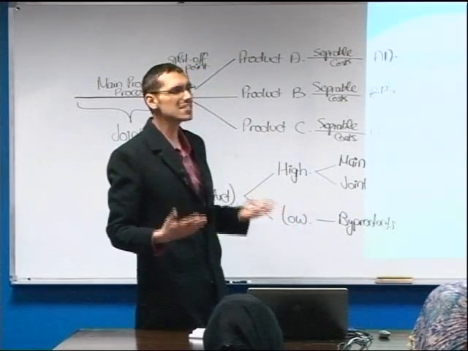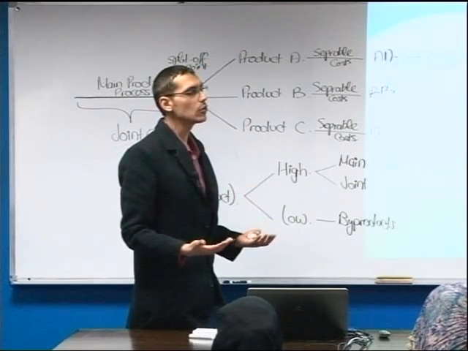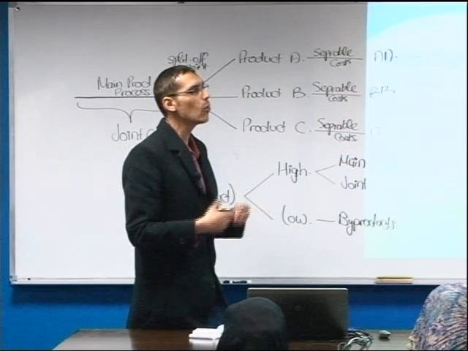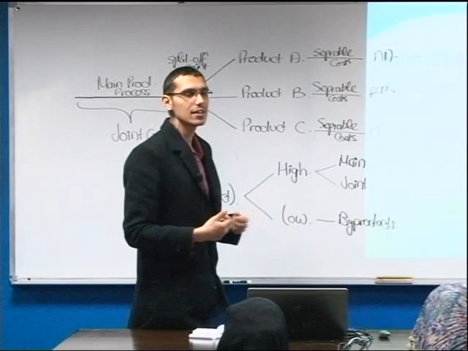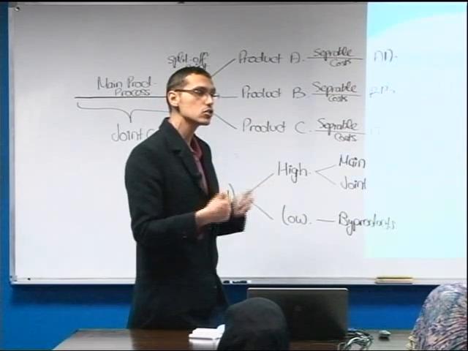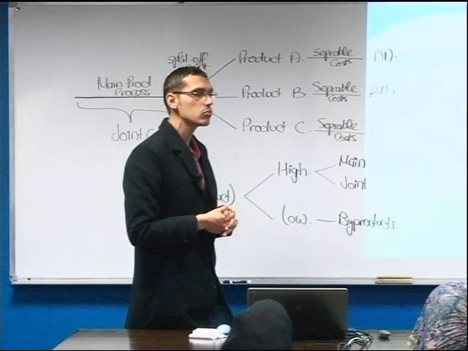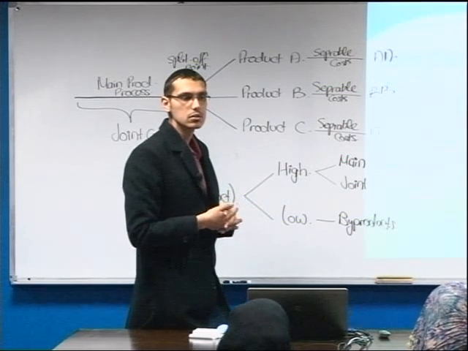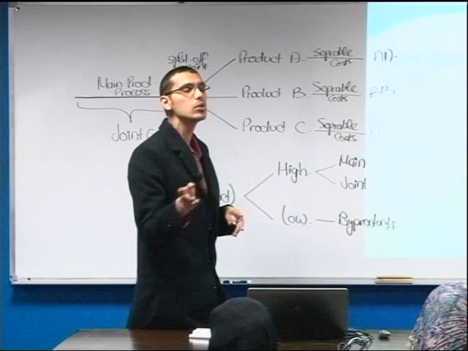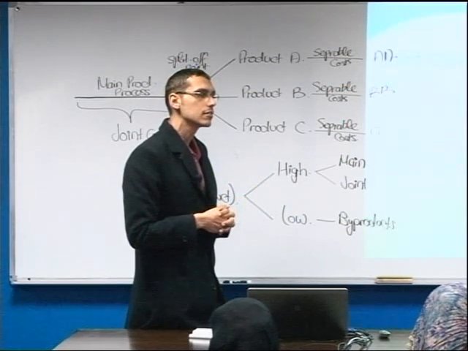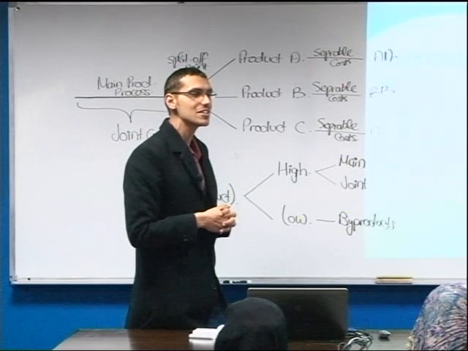So, is it vital to allocate our joint costs? Is it that important? And why do we need to allocate these costs onto the different products? So what do you think are the reasons? Why do it if there are no reasons? So what do you think are the reasons?